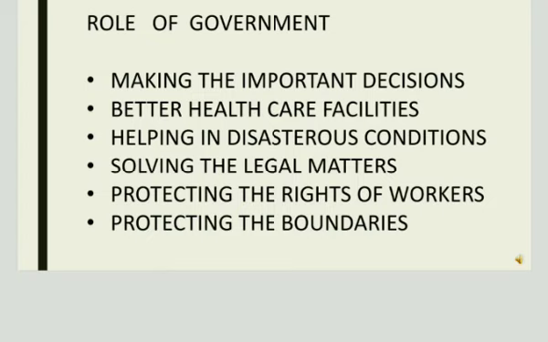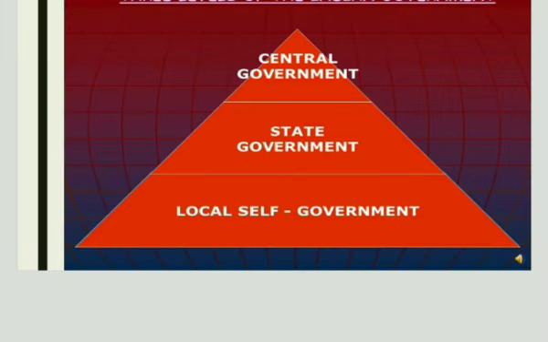Whenever there is a natural disaster like a tsunami or an earthquake, it is the government that mainly organizes aid and assistance to the affected people. If there is a dispute or if someone has committed a crime, you'll find the people in the court of justice, and the court also plays a very important role in a democracy.